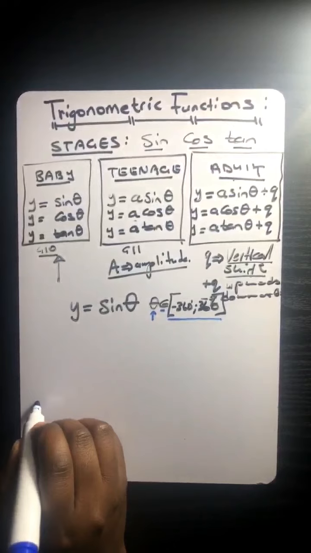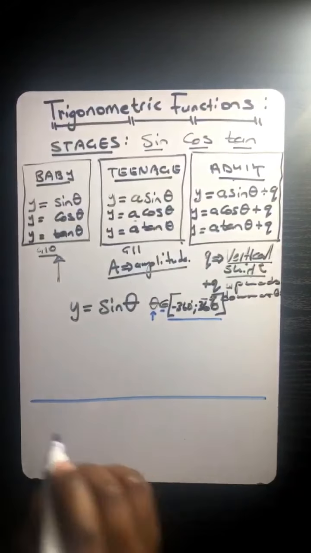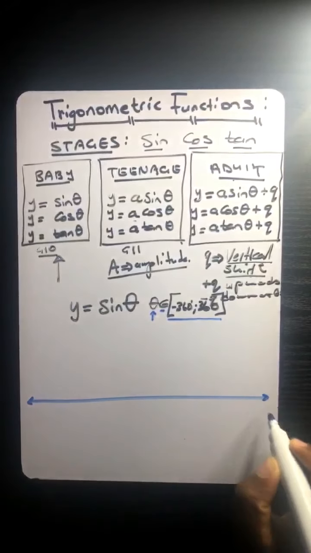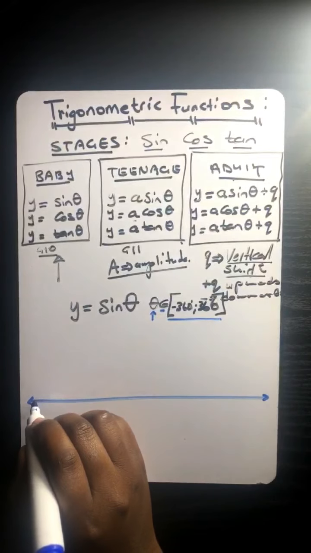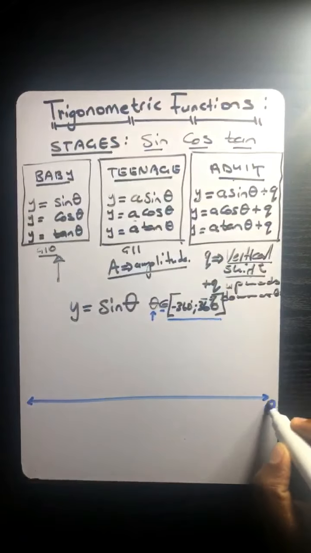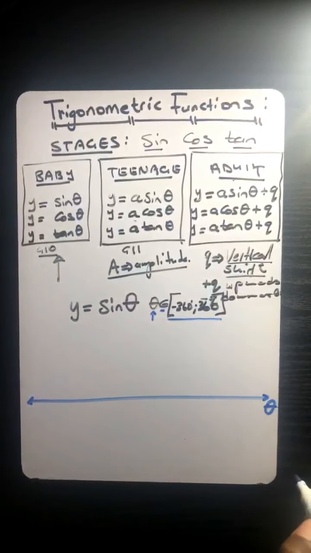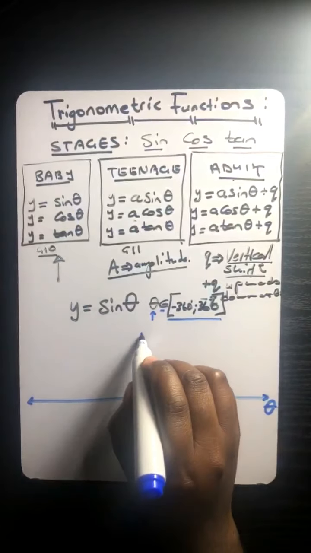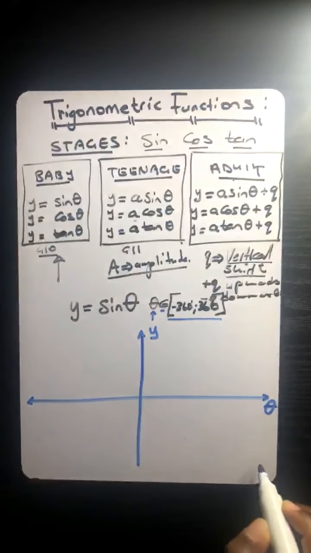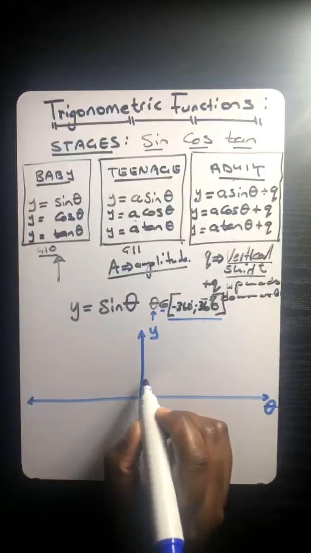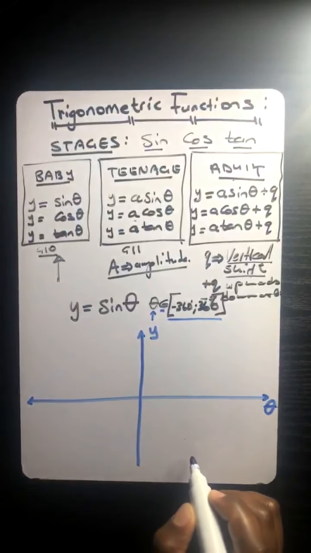That means on your Cartesian plane, this horizontal line, well known as the x-axis, is the one which is our angle, and this vertical line is the y-axis.